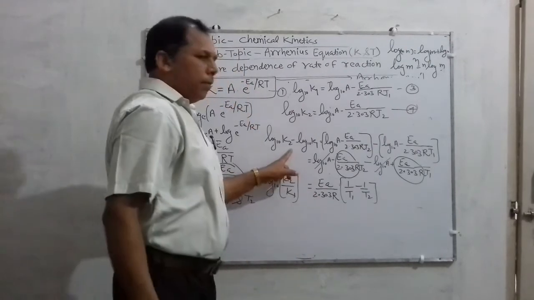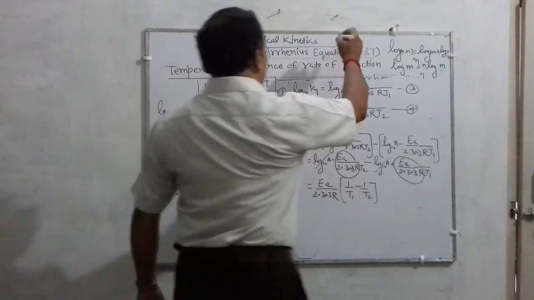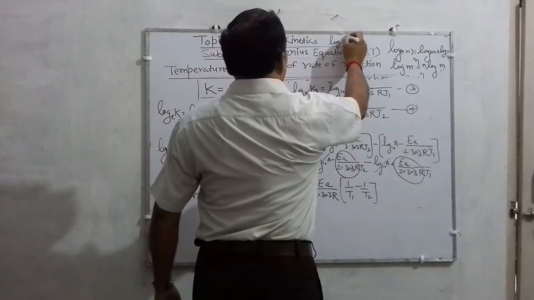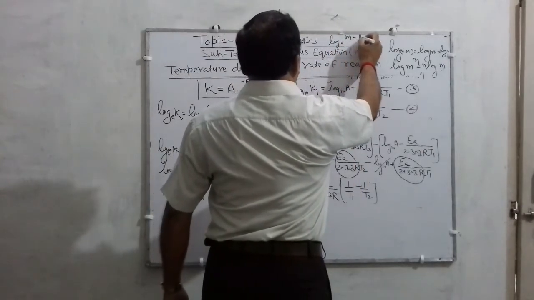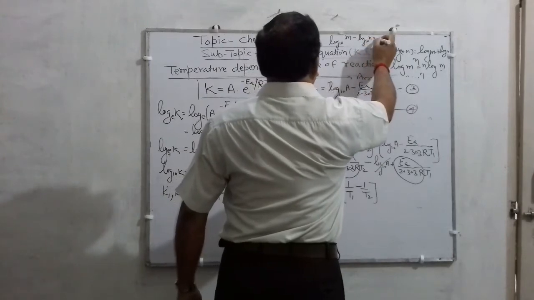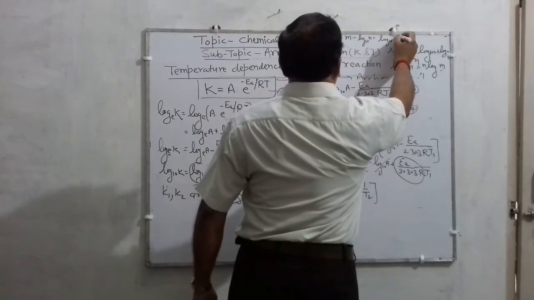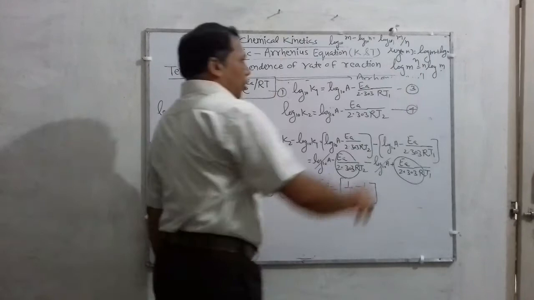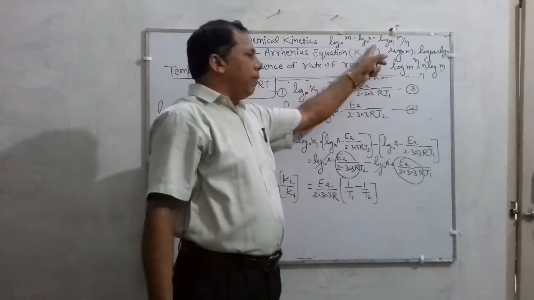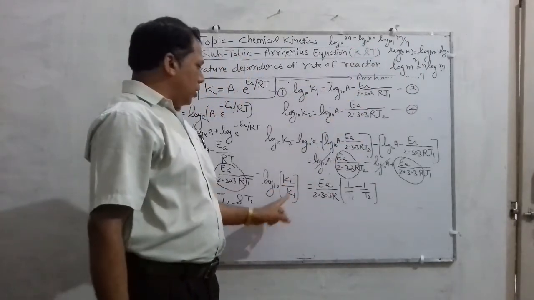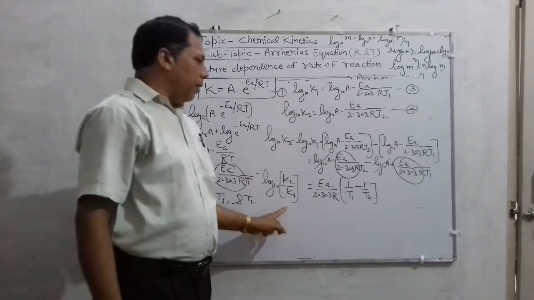This can be written because, as you know, log m minus log n is equal to log m by n. So using this simple formula of logarithm, you can change it in this way. Very simple one.